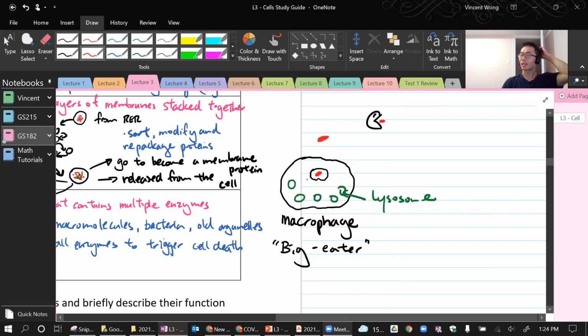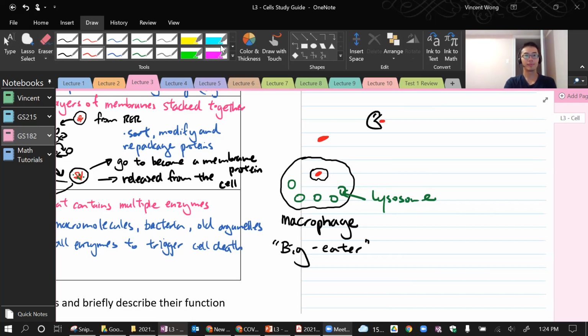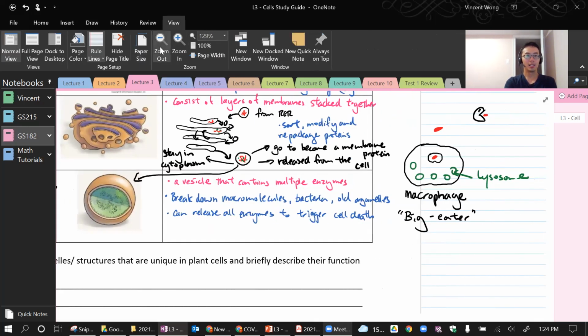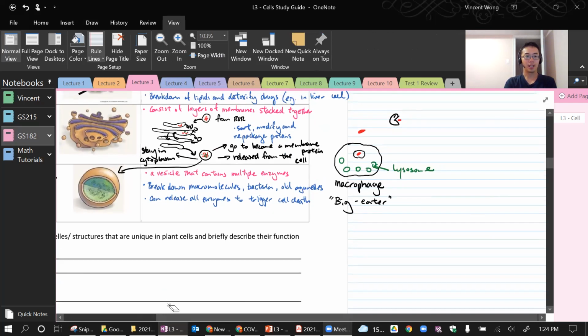Sorry, I keep on saying lysosome, which is something else. The lysosome will fuse with this vesicle, and the enzymes inside the lysosome will break down the bacteria. Okay, so that's an example of a cell that has a lot of lysosomes. Whew, that was a lot of stuff.